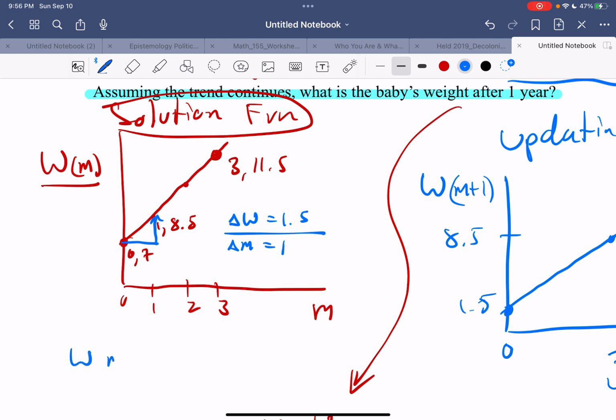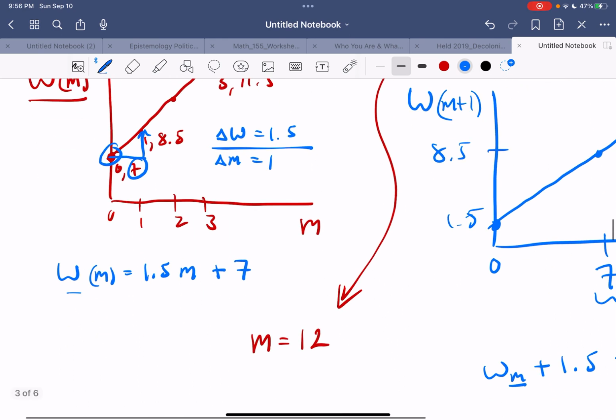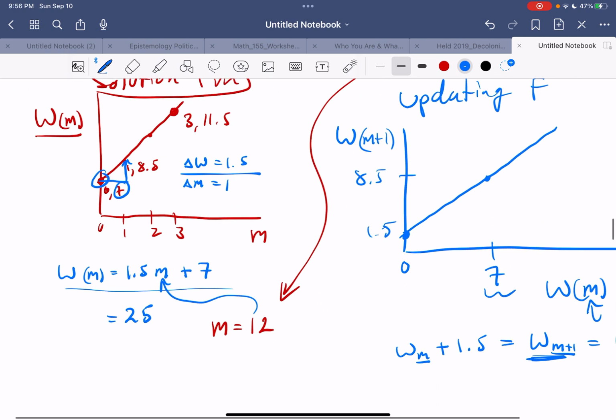So W as a function of M is 1.5 times the number of months, plus my y-intercept, which is 7. So here's a solution function. We could plug in 12 and we get the weight, which turns out to be 25. 18 plus 7 is 25.